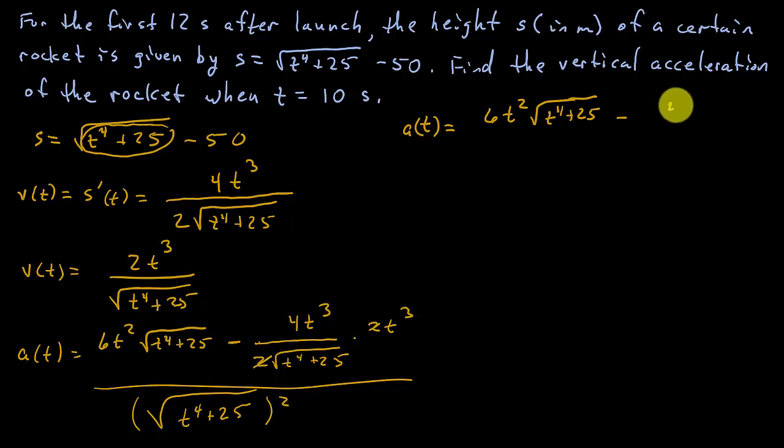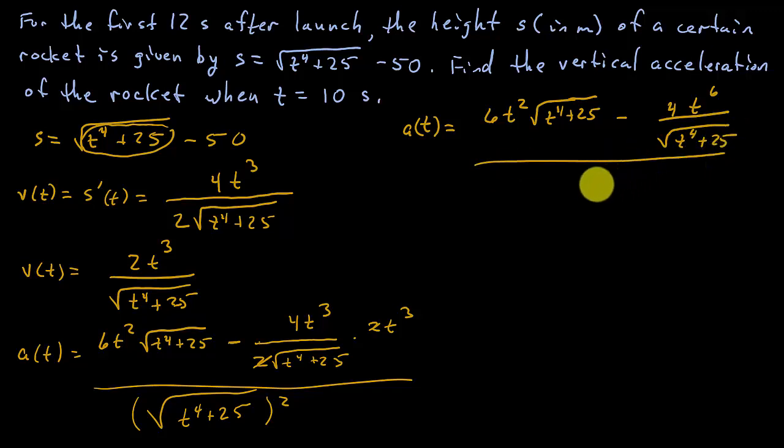So that's going to leave me with 4t to the sixth when I multiply those. Yep. Over the square root of t to the fourth plus 25, and that's all over t to the fourth plus 25. Okay, because when you square the square root just goes away.